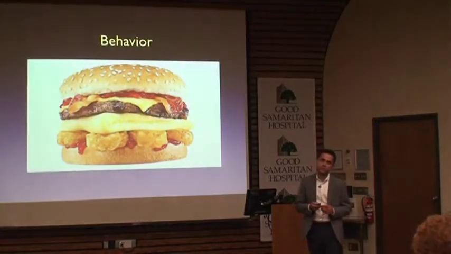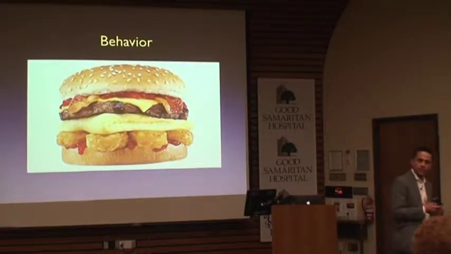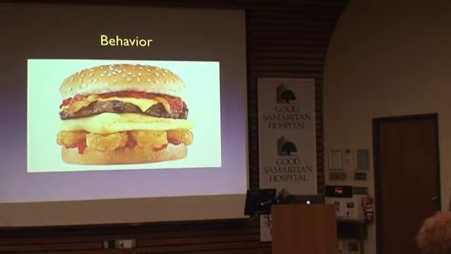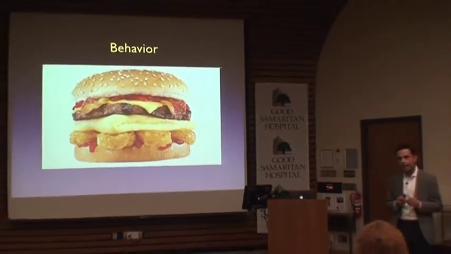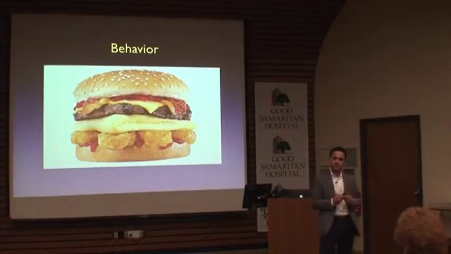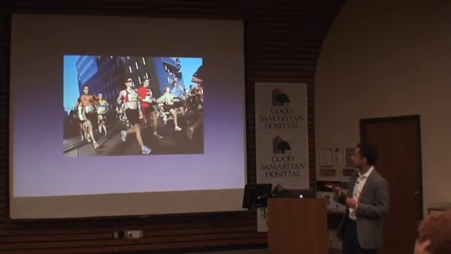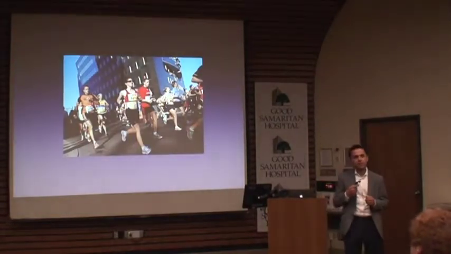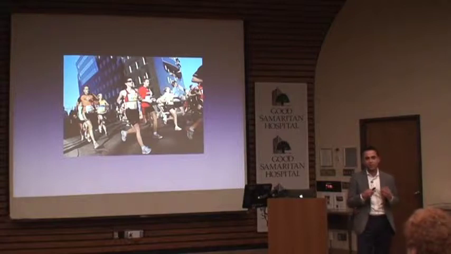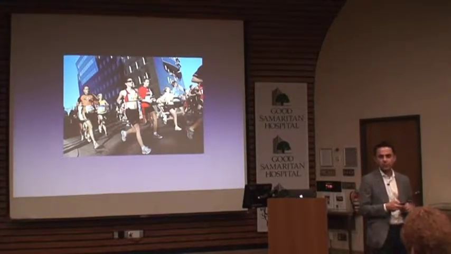Most common cause is human behavior, and we live in a society where food is processed, it's calorie dense, and it's very easy to pack 2,000 calories in one meal. And we had a talk earlier where we talked about how much energy one has to burn to offset that one meal.